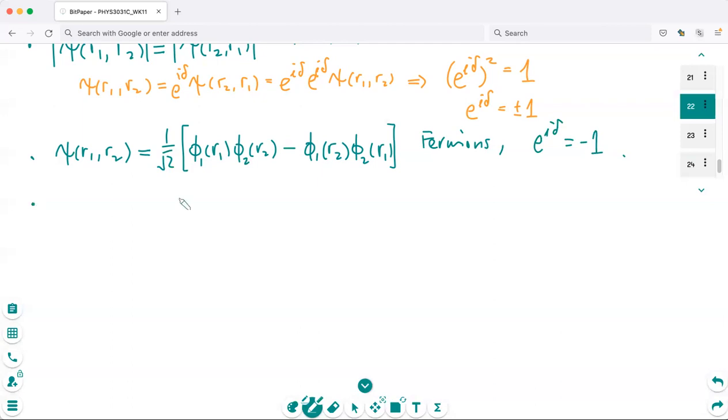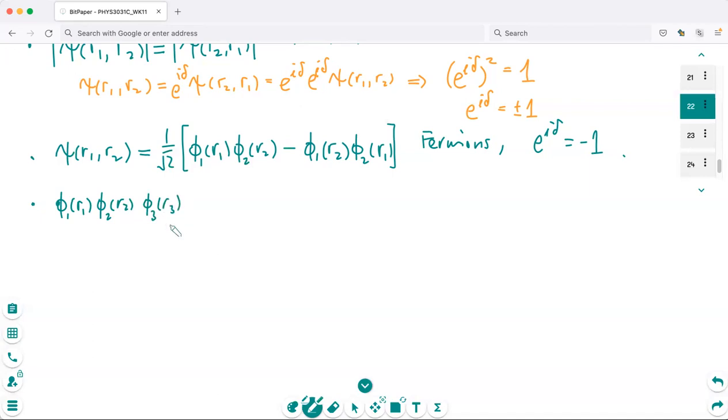And now, what is the case of three particles? For three particles, we will have three single particle wave functions. And we know this is one of the solutions, one possibility. Okay, so I put phi1 at R1, and I put phi2 at R2, and I put phi3 at R3.